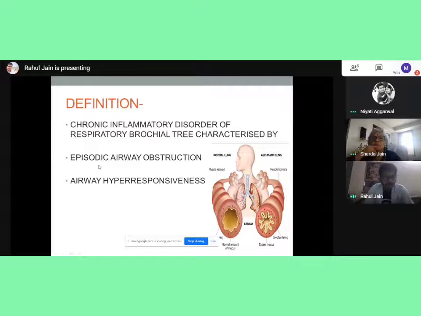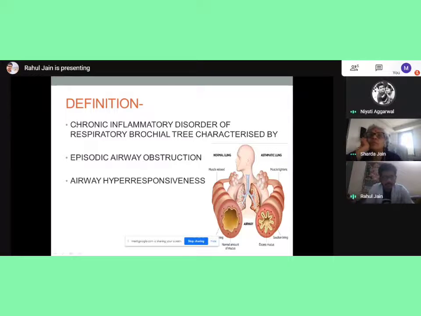But this line is incomplete because it is a chronic inflammatory disorder, which means that over a few years, when the chronic inflammation persists, the period of normalcy also will become not as good as the period of normalcy a few years back.